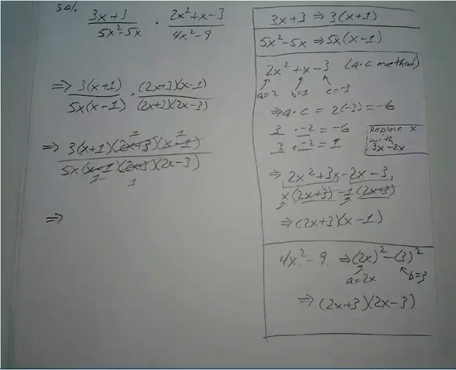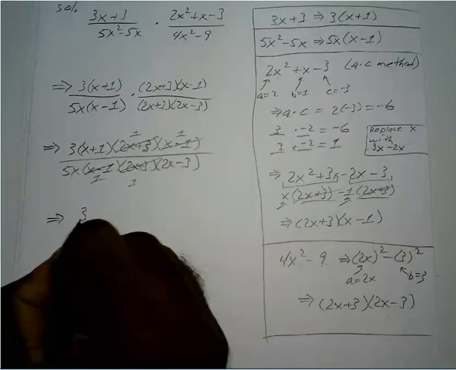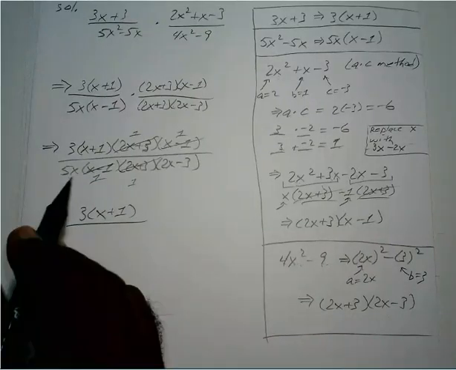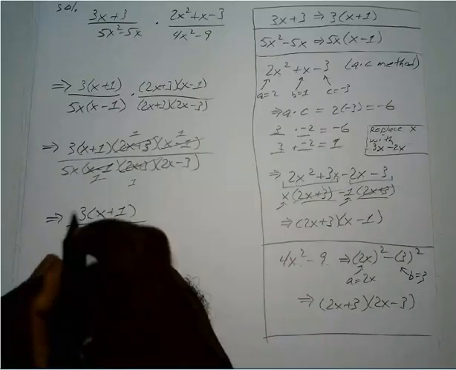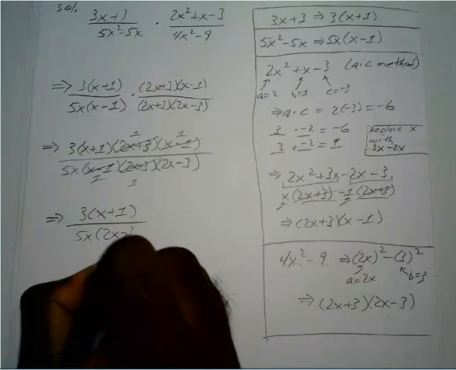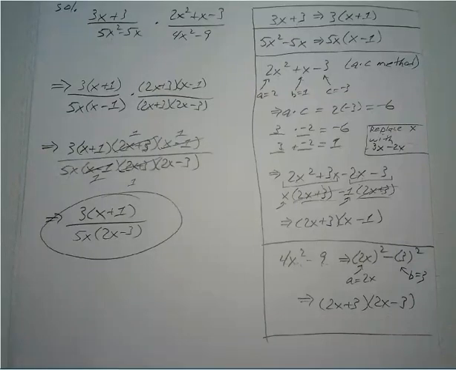So you have 3 times x plus 1 over 5x times 2x minus 3. And that will be your simplified answer. Okay, so the hardest part will be the factoring for some.